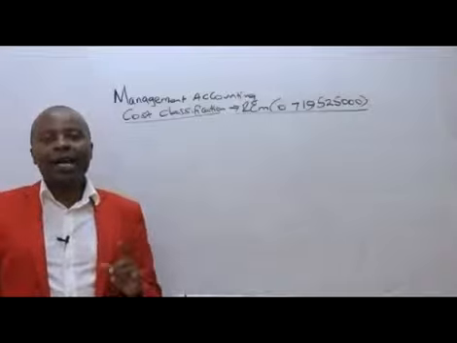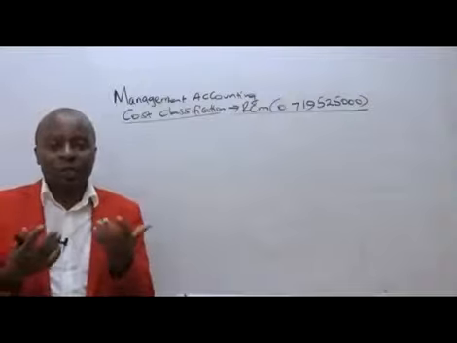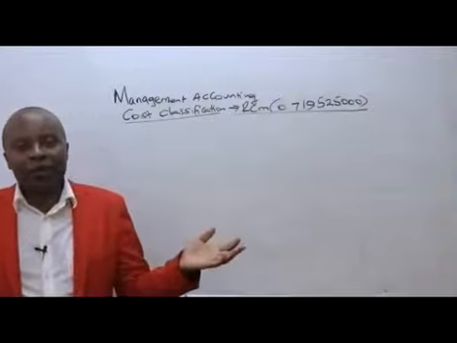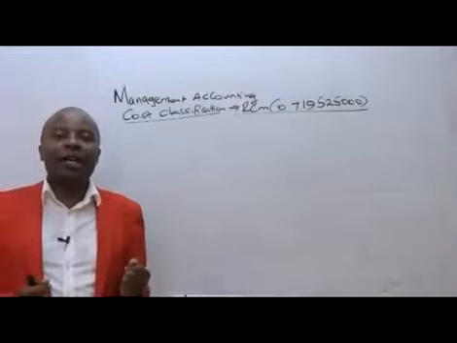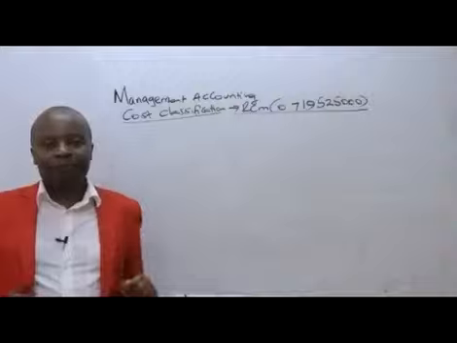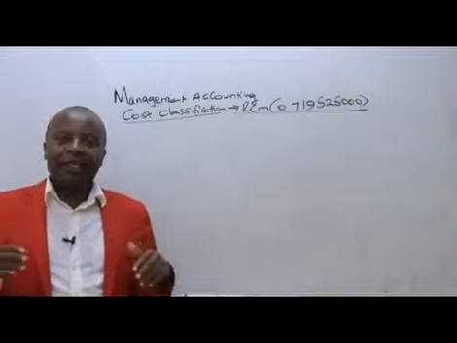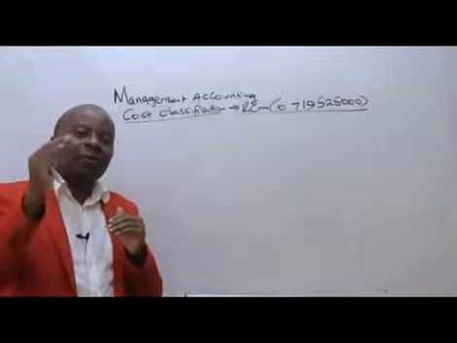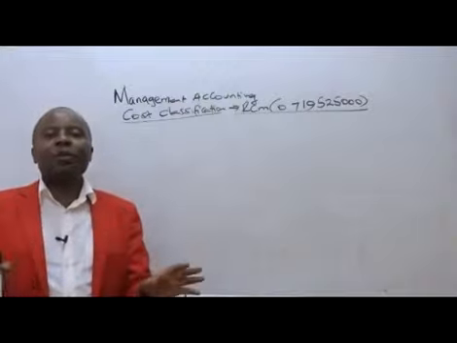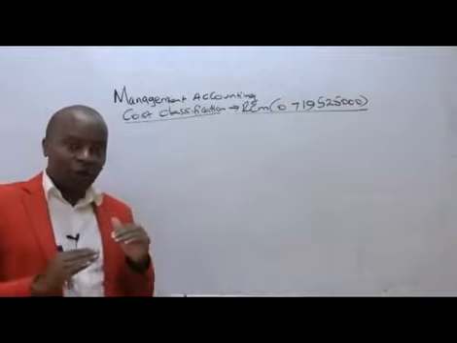Cost ascertainment. There are so many organizations that are producing great goods outside here, but they have not costed them properly. So they are selling, but at the end of the day, whatever sales proceeds they are getting is not able to sustain them simply because they are always at a loss.